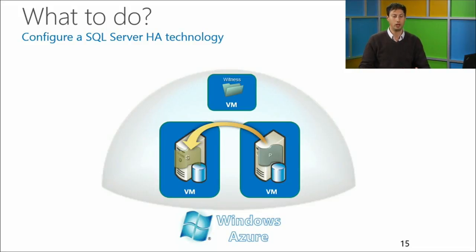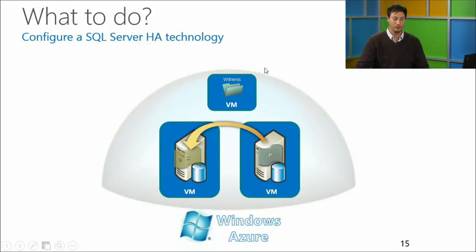So what do you do? Well, you do the same thing that you do today on premise. You can configure a high availability technology for SQL Server, in this case in Windows Azure. You can have 3 virtual machines: your primary, your secondary, and what is called the witness. The witness is basically the additional entity that orchestrates automatic failover.